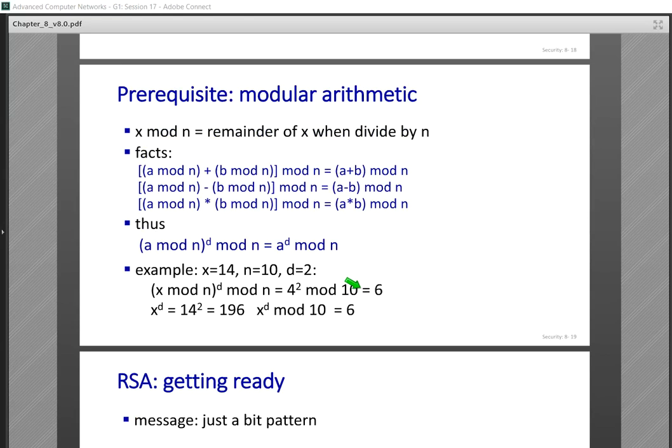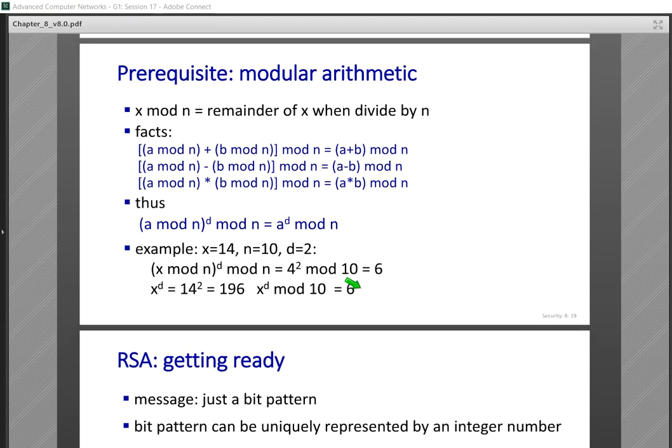The basics of RSA. RSA is the first public key encryption strategy in the world, and it's based on some mathematics.